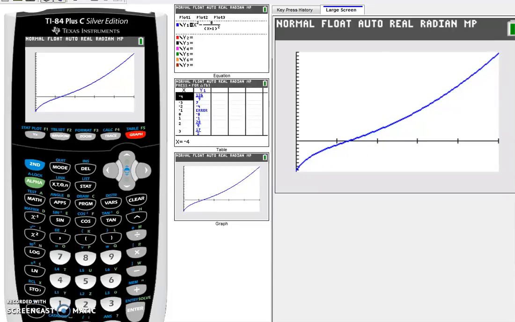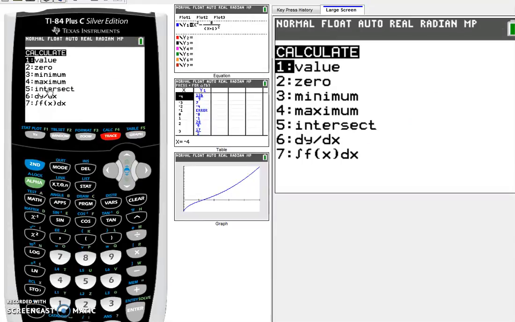So where did t equal to 1.25 come from? That's here. And if we actually want to calculate it, go to second, trace, so that you go to calculate, and hit intersect.